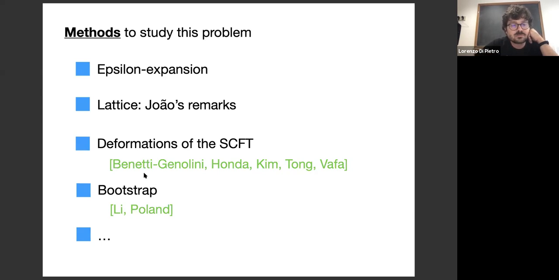And of course, another possibility is to try to tackle this problem using the numerical bootstrap. For instance, there were some attempts in the paper by Zijing and David. I think it's fair to say that at the moment there is no clear-cut strategy for how to use the bootstrap to address this kind of question, but of course there could be in the future. And perhaps there are also other methods that I'm not aware of.